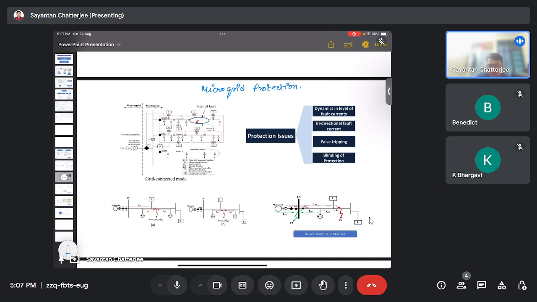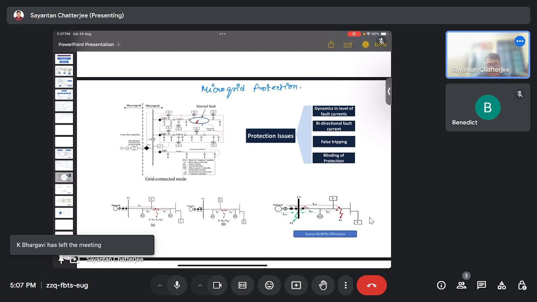With this bidirectional operation, the major issue we face is a continuous change in the direction of power supply. We can observe this as dynamic levels of fault current, bidirectional fault current, and fault blinding and sympathetic tripping. So first, let's discuss the dynamics in the level of fault current.